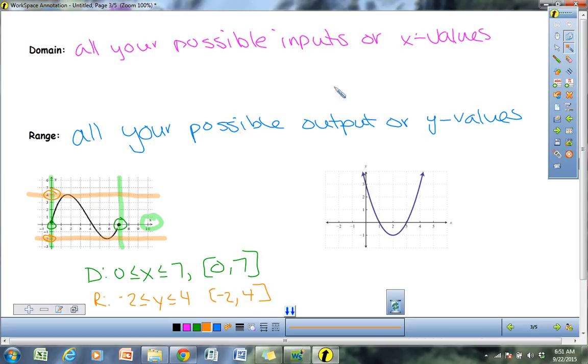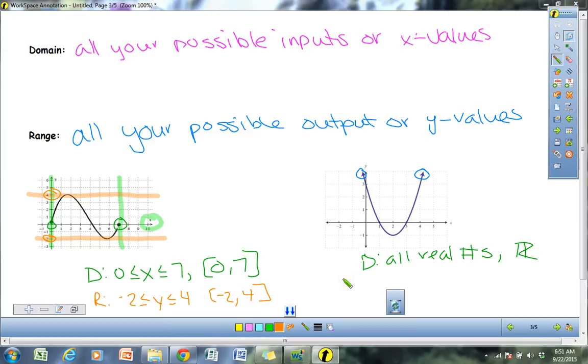Now this one's a little bit different because we have arrows at the end. So these arrows right here are going to affect something. As my graph is getting larger and larger, I'm going to be able to have any x value. So for my domain here, we're going to say all real numbers because there are no restrictions. And we can also write that as an R with a line down it. Now for my range, I do have some restrictions.